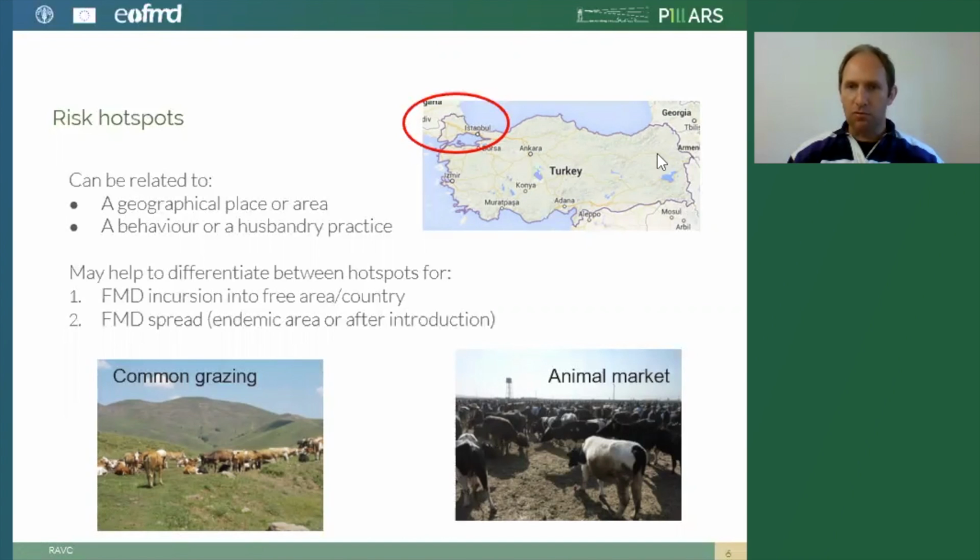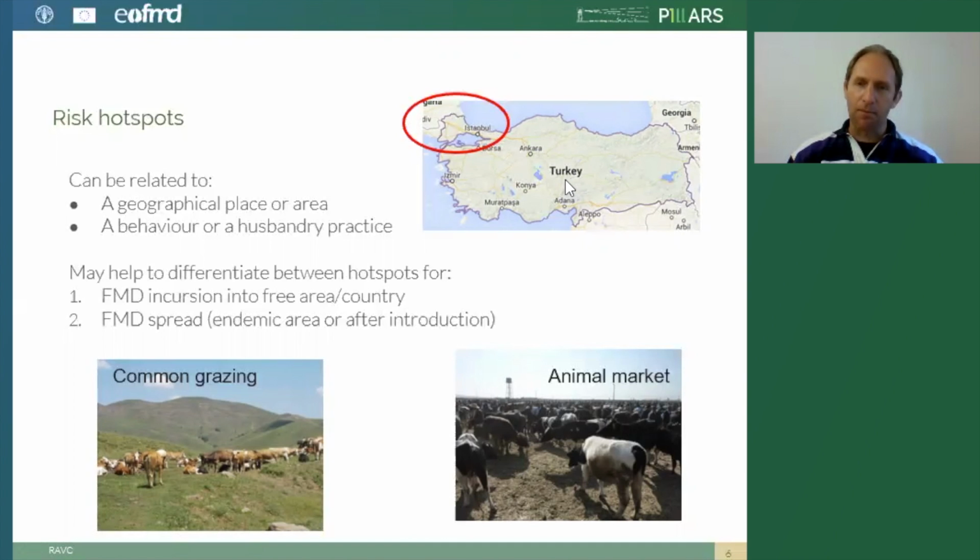The young animals, then those that are going to be fattened, are often then transported to areas where there's lots of fattening farms nearer the high population densities, so the consumption centres. So there's big cities here and up here, which, as you can see, is nearer the free zone. So there is a sort of flow of animals from that area across the country.